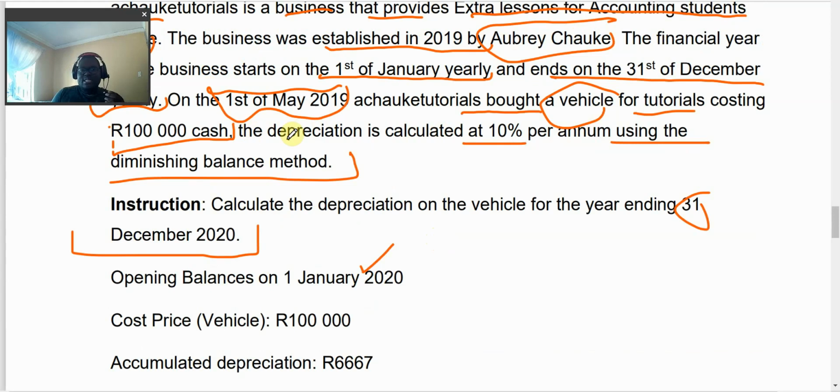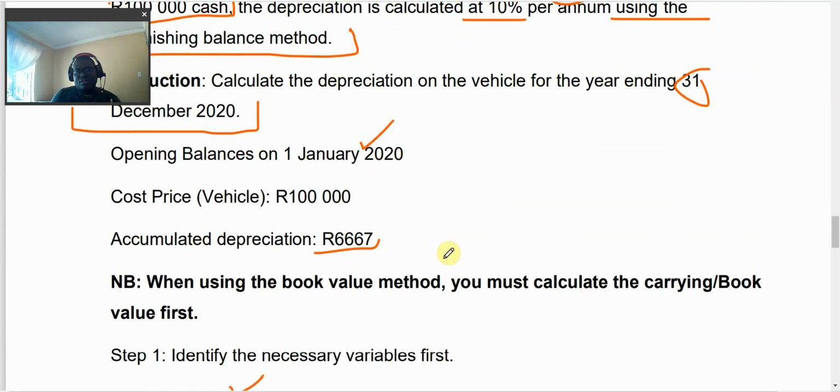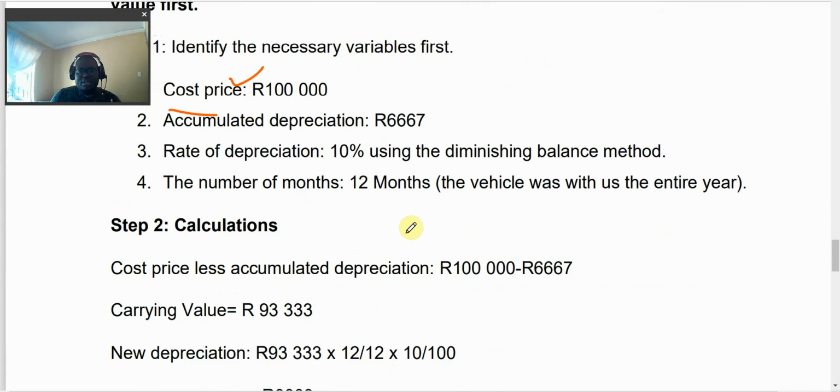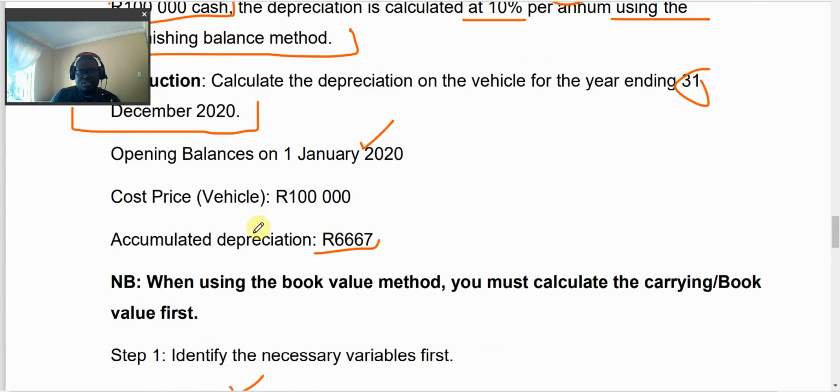So we firstly need to calculate the depreciation for 2019 before we can get the depreciation for 2020. So I'm going to show you how they got this 667.